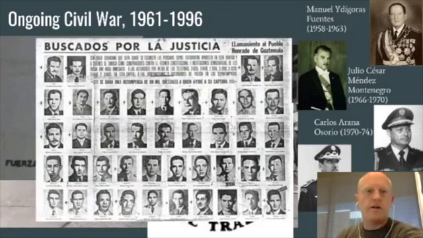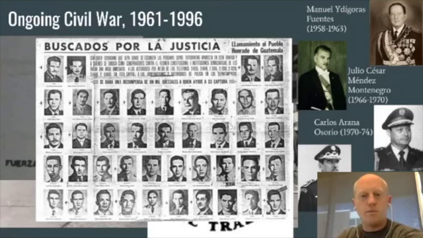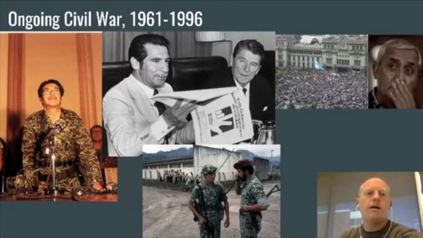This image here, the people that were sought for justice, we should bring them to justice. These were members of what became known as that MR13 group that I mentioned a second ago. The man you see most of here is Efrain Rios Montt.